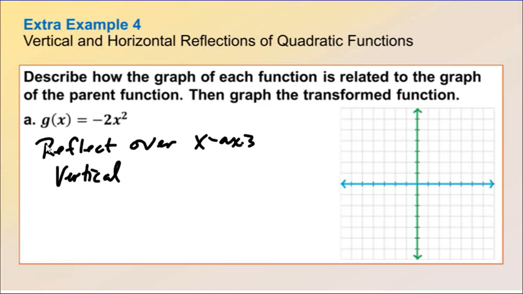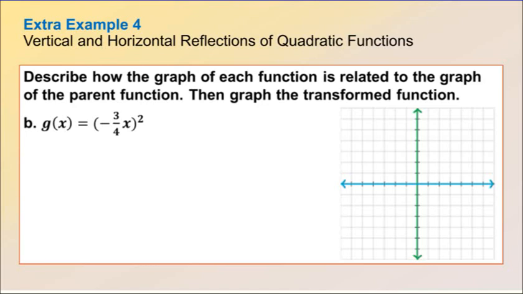The absolute value of -2 is 2, so this is a vertical stretch. Now the vertex is at 0, 0. If I put a 1 in for x, 1 squared is 1 times -2 is -2, so 1, -2 would be here. Mirror that one, and it's going to open downward.